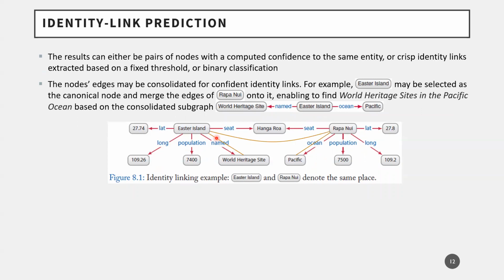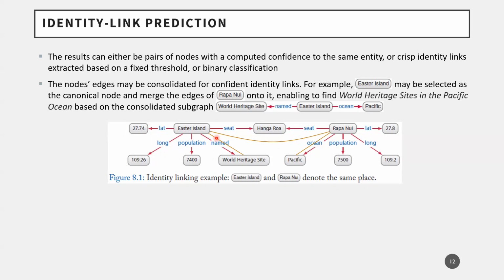The results can either be pairs of nodes with a confidence of being the same entity, or crisp identity links extracted based on a fixed threshold or binary classification. The node addresses may be consolidated for confident identity links. For example, Easter Island may be selected as the canonical node and the addresses of Rapa Nui merged onto it. Then we can find that the World Heritage Site is in the Pacific Ocean.